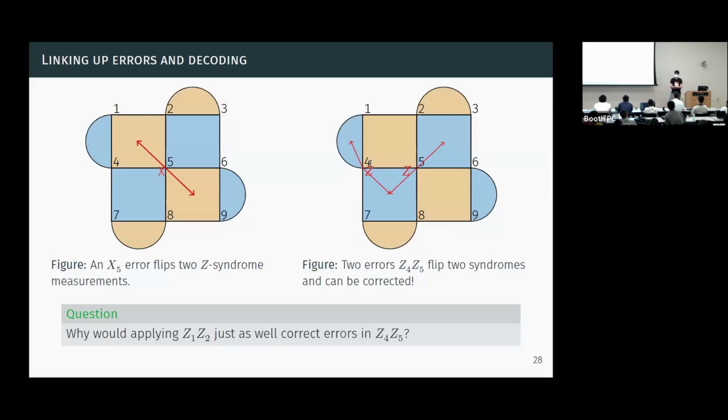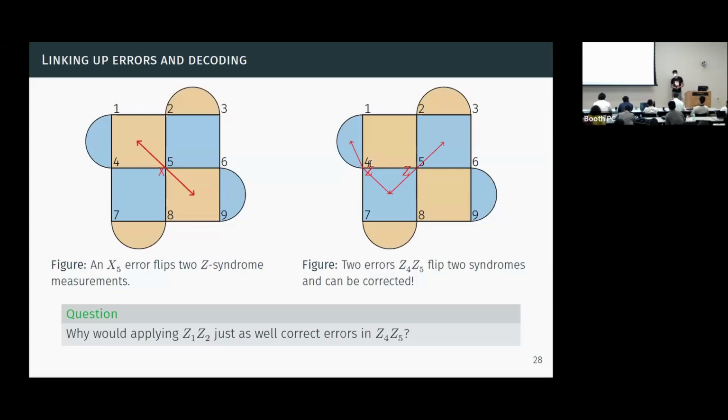How do you find the logical X and Z? I guess one way is to look at the code words, and oh, maybe a better one is to look at the stabilizers and find Pauli strings that commute with all of them.